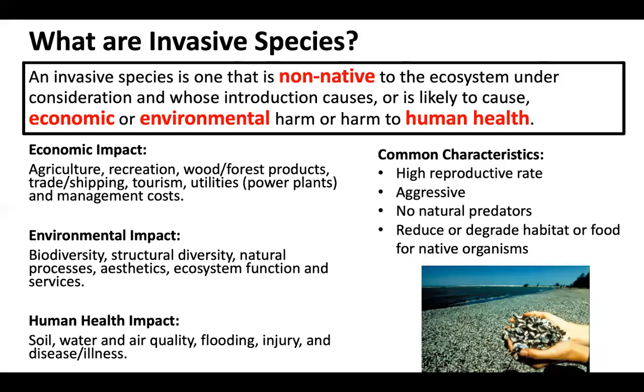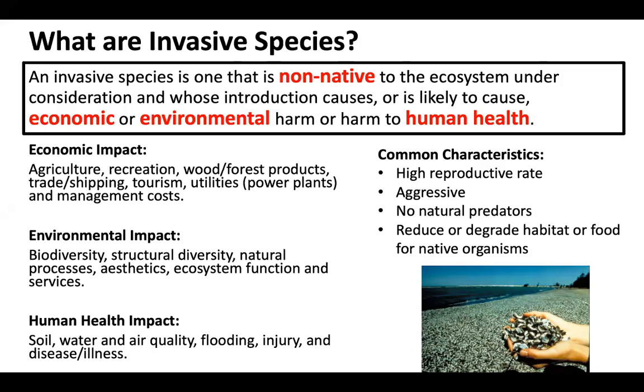So just starting off really basic, what are invasive species? Why do we care about them? So invasive species are non-native to the ecosystem under consideration, and their introduction often causes or is likely to cause some kind of harm to the economy, the environment, or to human health. So when we think about different economic impacts, we think about impacts to agriculture or recreation.